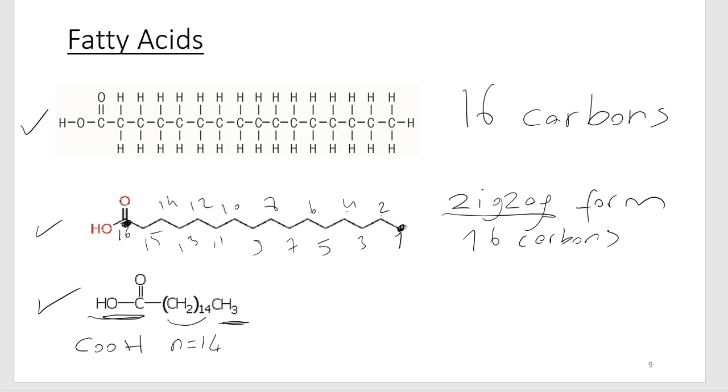It's important to note that the carboxyl group won't always be on the left hand side. Sometimes it will be on the right hand side. So it doesn't matter, it will be the same structure. It can be presented both ways. Okay, let's move on.